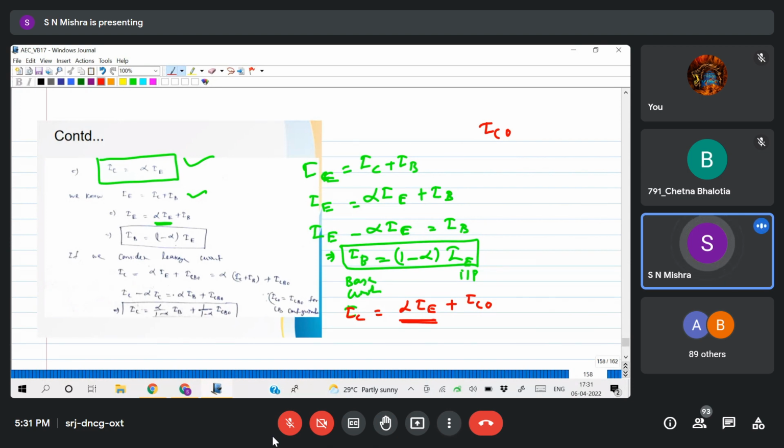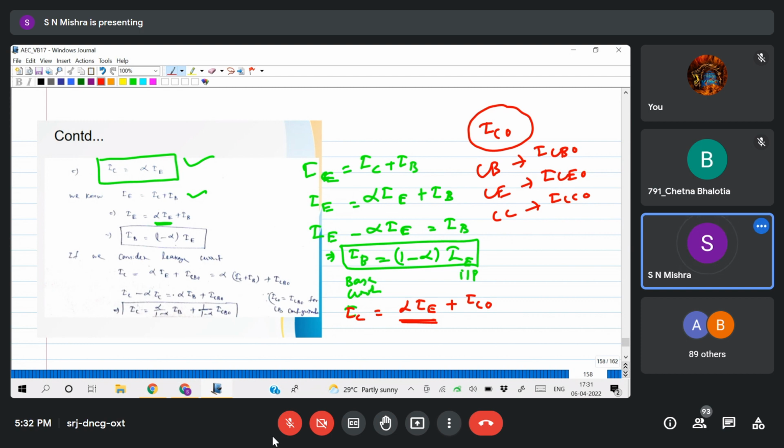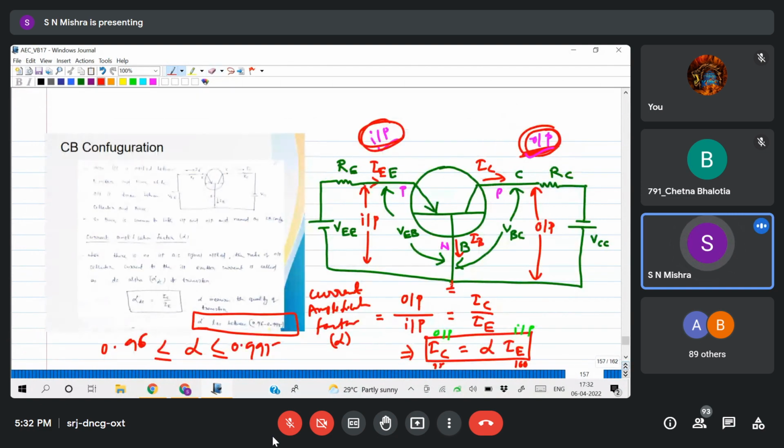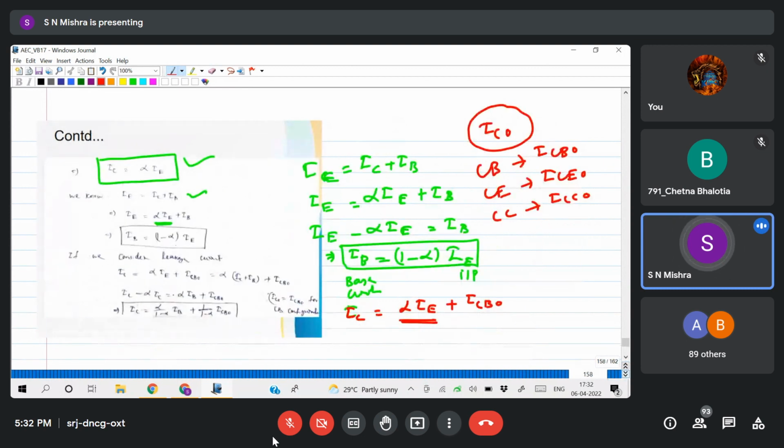We need ICO for all configurations, but for common base it is denoted as ICBO, for common emitter ICEO, and for common collector ICCO. For different configurations the leakage current name changes. So here in place of ICO I'll write ICBO, because this is the common base configuration.